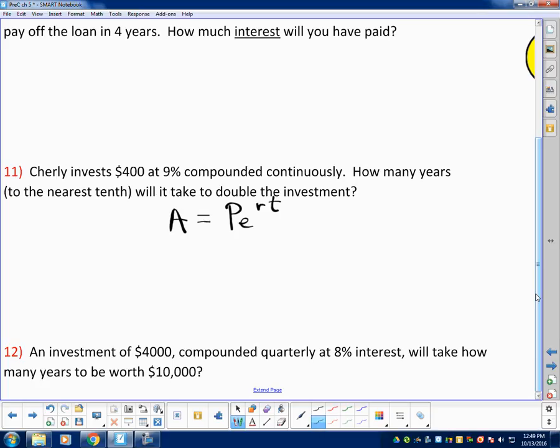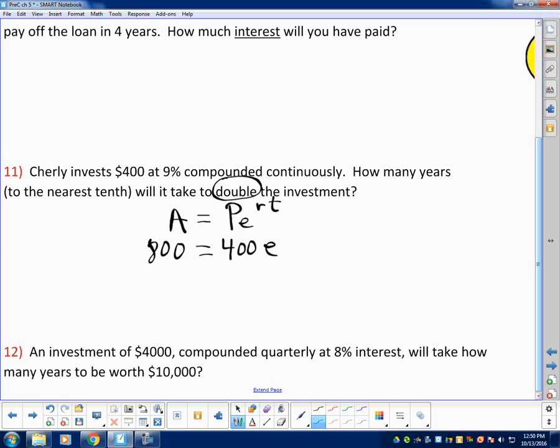Now, if Cheryl invests $400, what amount will she have in her bank account when she doubles it? 800. So the amount is 800. If I change that to triple it, which I think I might have in one of the problems on the worksheet, you would have then 1200.